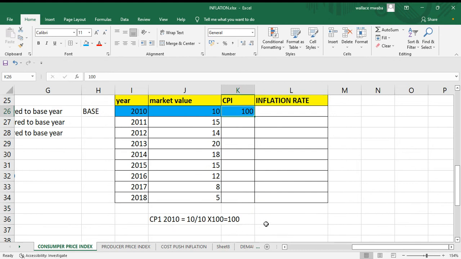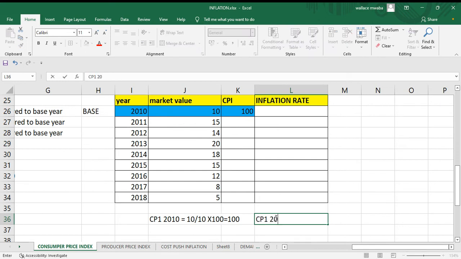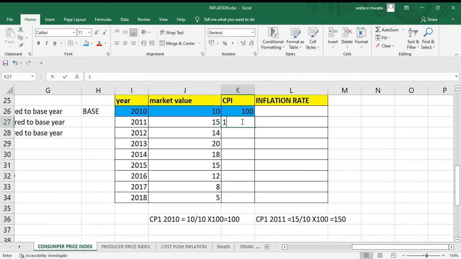We're going to say CPI 2011. The current price of the market basket is 15 divided by the price of the market basket in the base year, times 100. We're going to get 150. So as I said, the base year is our reference point, and we can see there's been a 50% increase in the price of the market basket.